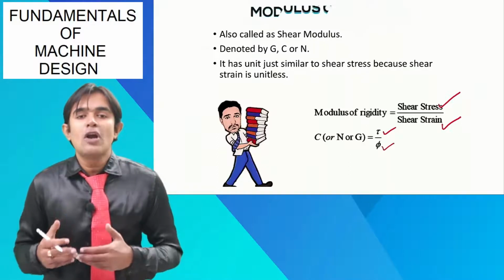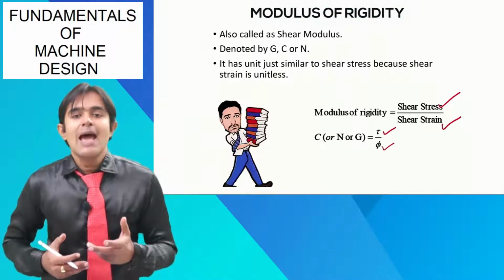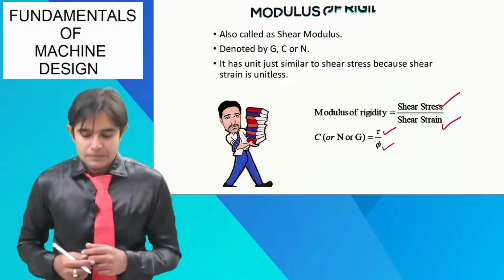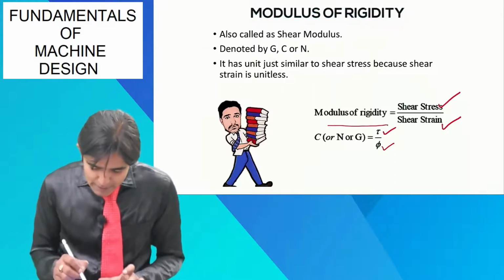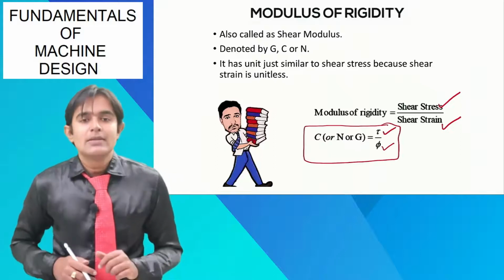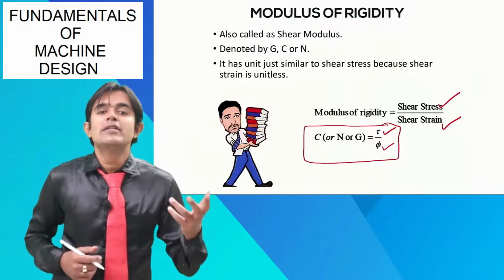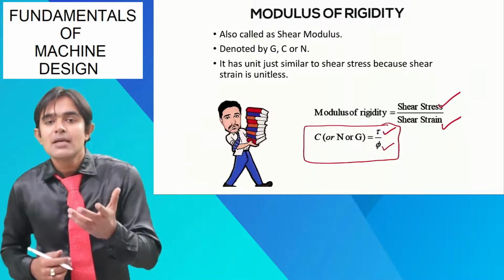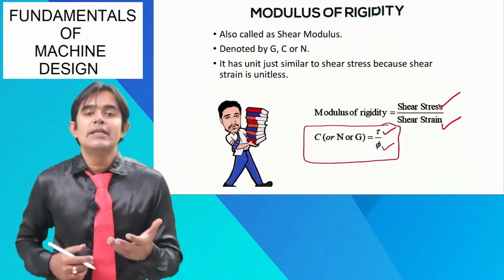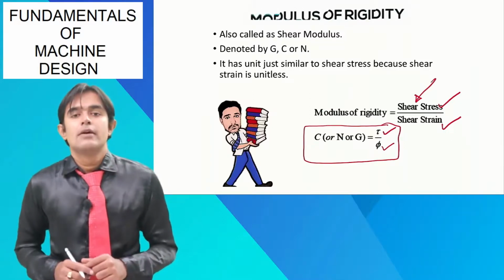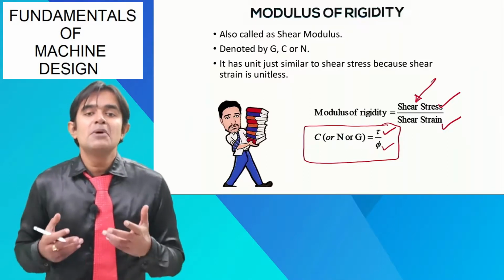It is also called as shear modulus and it is denoted by either G, C or N. So finally, mathematically I can write down in this manner. If modulus of elasticity had the units of the direct stress, then modulus of rigidity will also have the units of the shear stress, which is nothing but Newton per mm square.